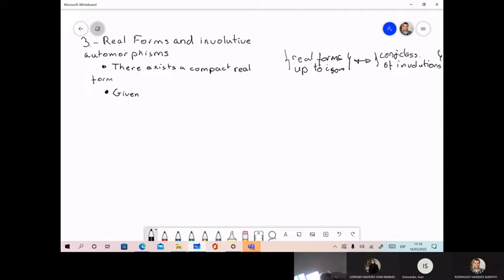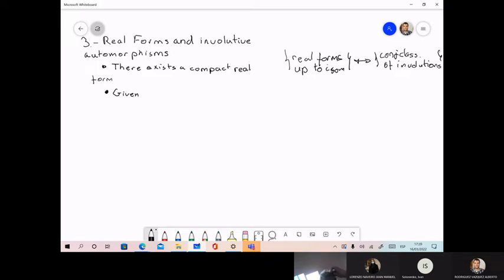And basically how we're going to do that is to each real form we will associate an involution. We know that real forms are in one-to-one correspondence with real structures, and two real forms are isomorphic if the real structures are conjugate.